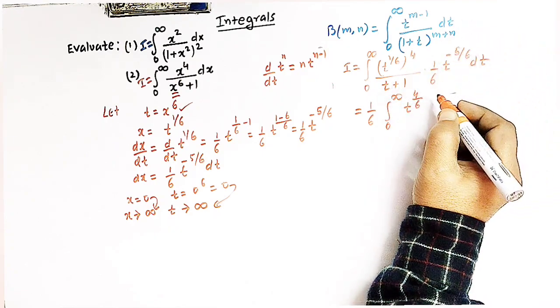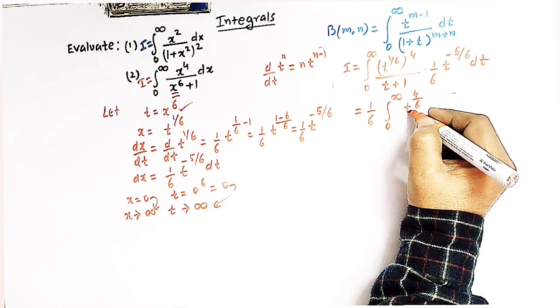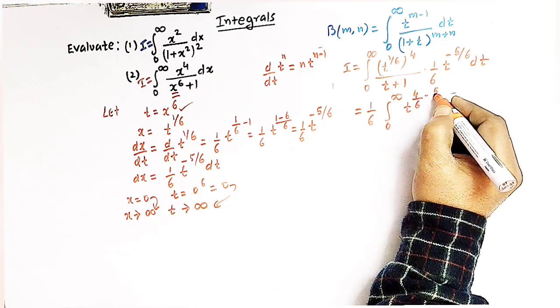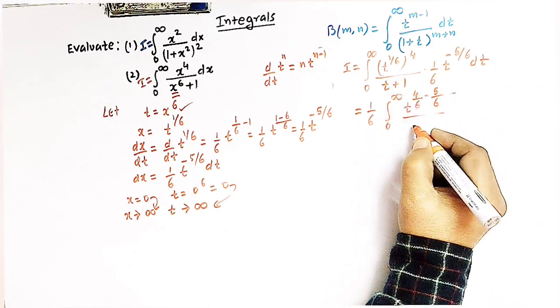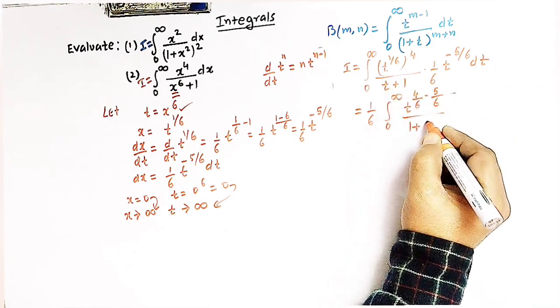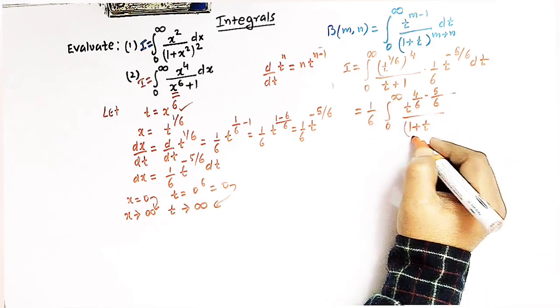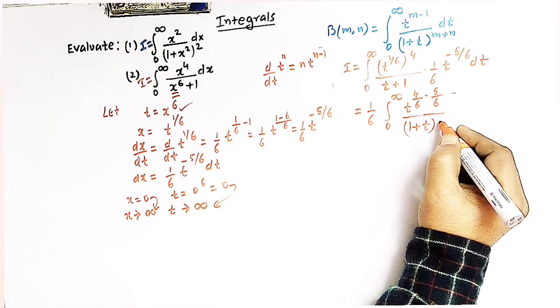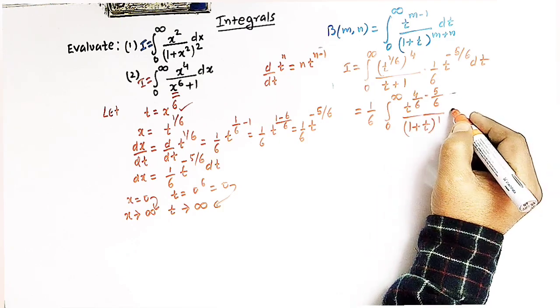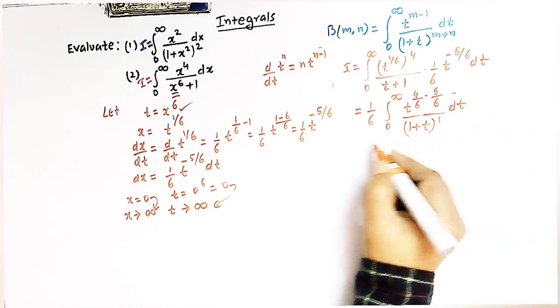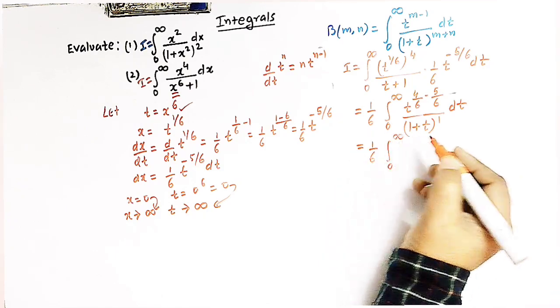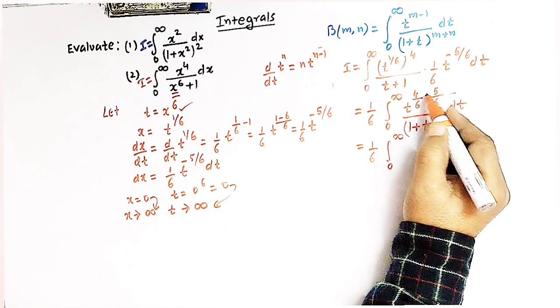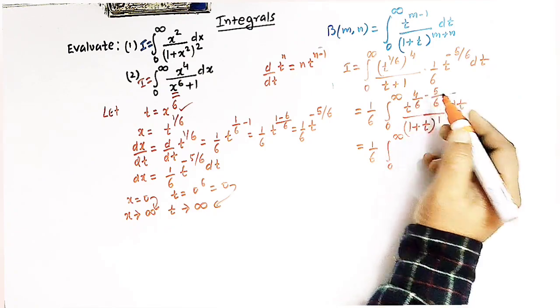So applying the laws of exponents, we have t raised to 4 over 6 minus 5 over 6, and in the denominator we have simply 1 plus t, and 1 plus t can be written as 1 plus t raised to 1, and here we have dt. So now we can write 1 over 6, 0 to infinity, and here 4 minus 5 is minus 1.